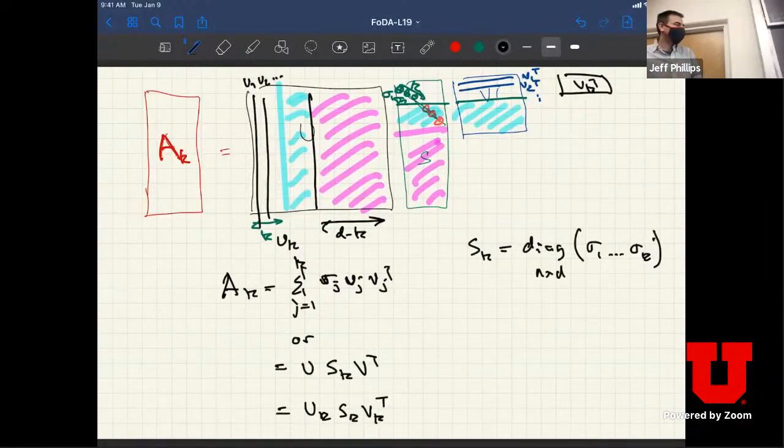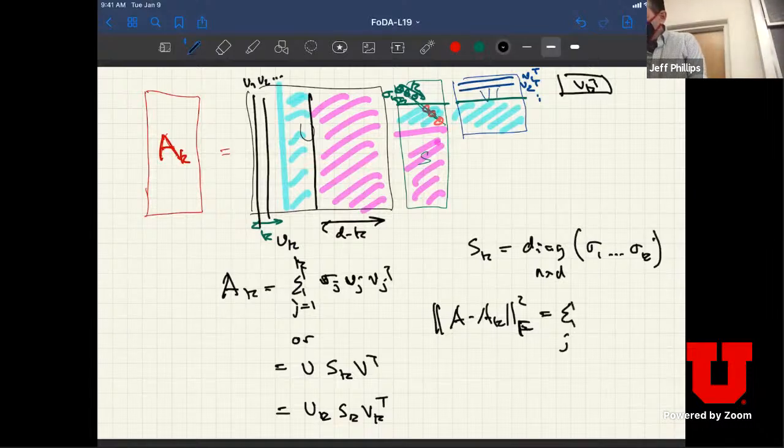Okay. So you can recreate this in multiple ways. Some are more efficient than others, but use whichever is conceptually most useful for you. Let me say one more thing: we already derived that the squared Frobenius norm of A minus A_K, which is what I wanted to minimize, is equal to the sum from j equals k plus 1 to d of sigma_j squared.